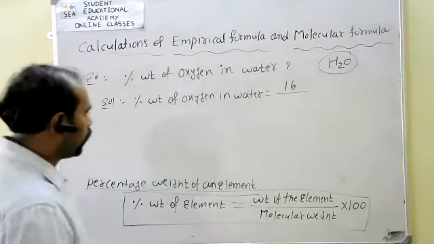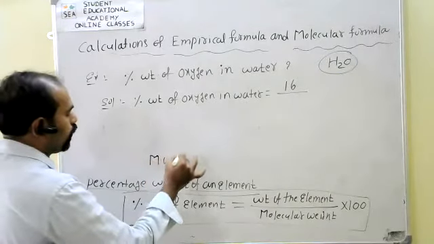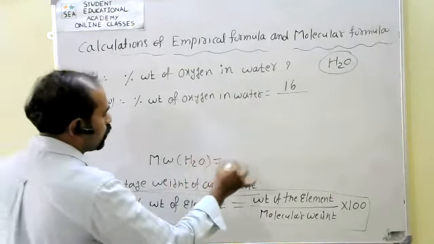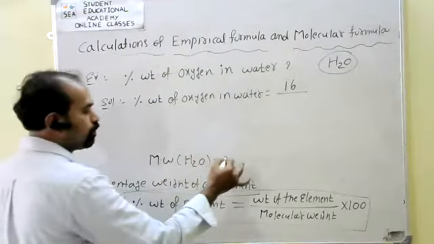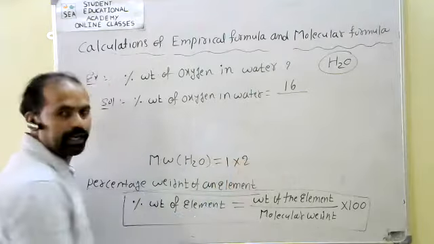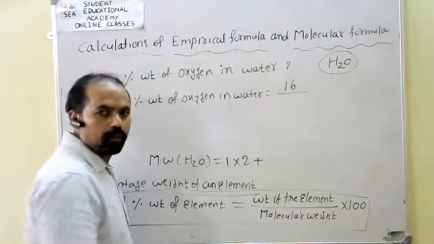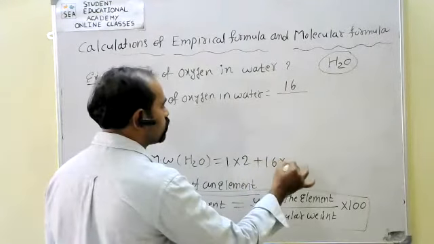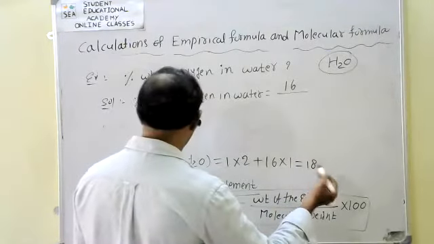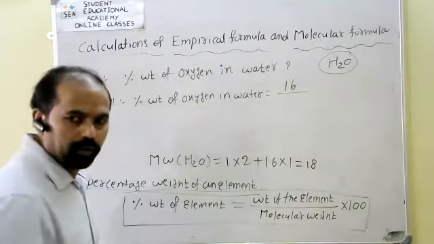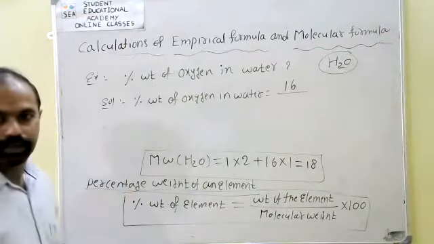H2O molecular weight: hydrogen atomic mass 1 into its atomicity 2, plus oxygen atomic mass 16 into its atomicity 1, equals 18 grams. That is called gram molecular weight. So the molecular weight is 18.